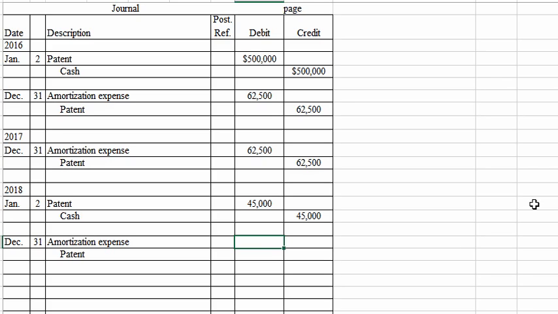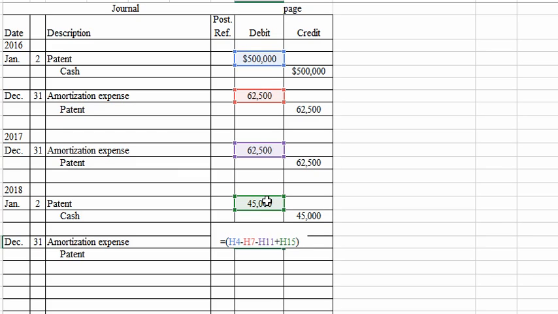Well, we would take the original cost of the patent, the $500,000, put this in brackets, minus amortization expense already taken, plus the new increase in the patent account, $45,000, and that's the top.